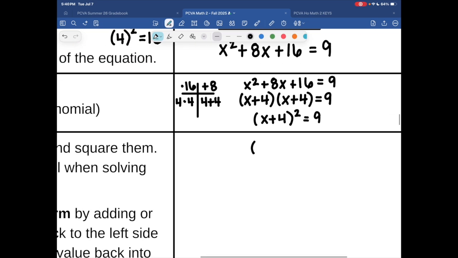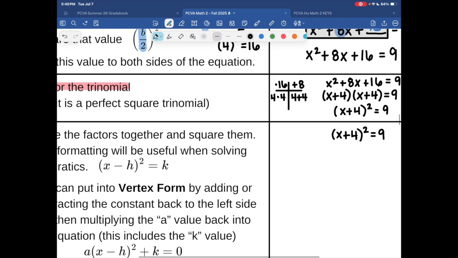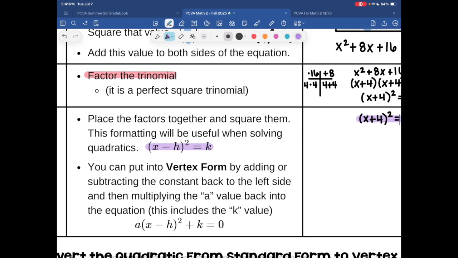We said x plus 4, and then we squared it. This formatting is the same as what we have here, and that's going to be great for solving later.